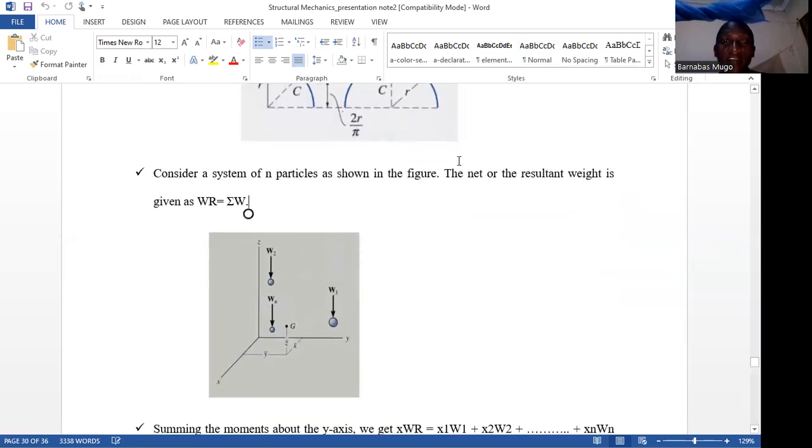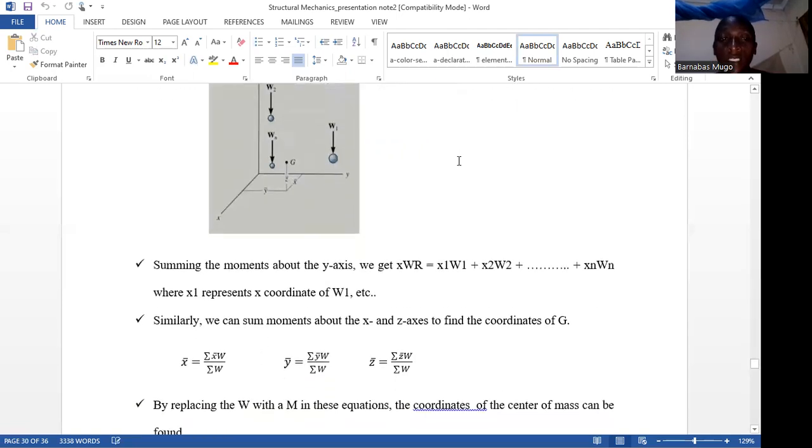We can consider a system of n particles as shown in the diagram below. The net or the resultant weight is given by W times R. R is the resultant weight, you multiply by W. So the summation of all the weight is the one that is going to give us the resultant weight of that object.